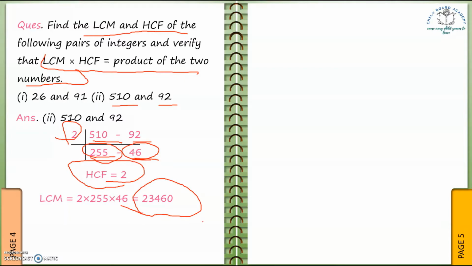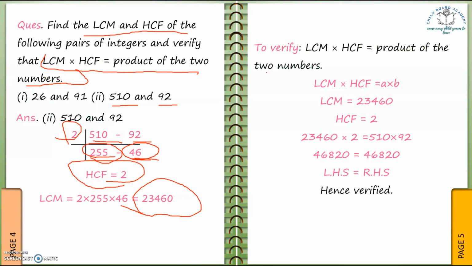23,460. Now to do the second part, that is LCM multiplied by HCF is equal to the product of these two numbers, we have to do it like this. To verify, LCM multiplied by HCF is equal to A into B. Here A is 510 and B is 92.